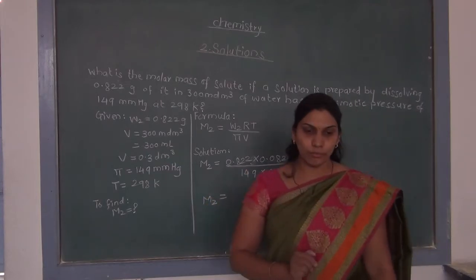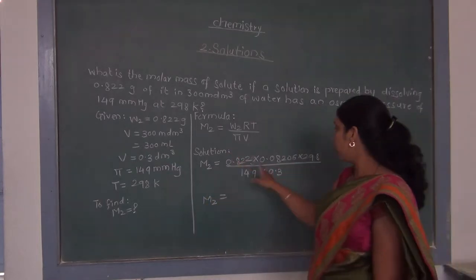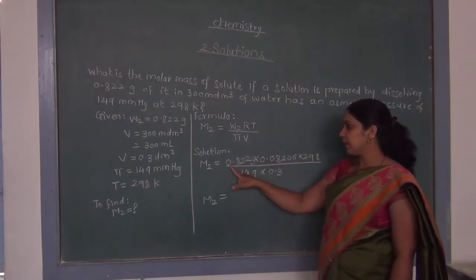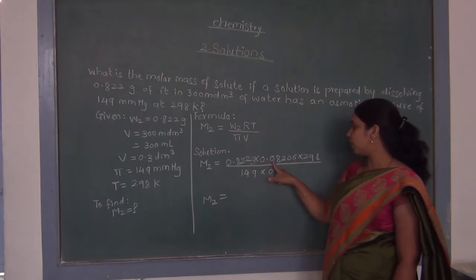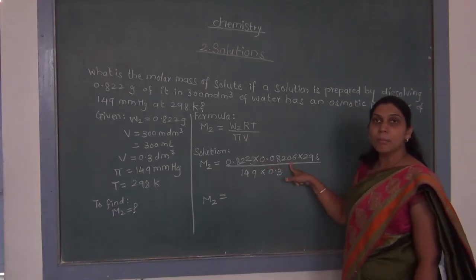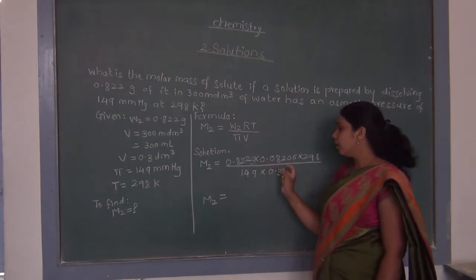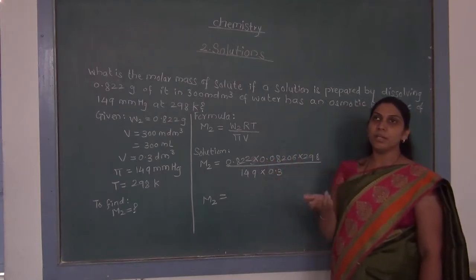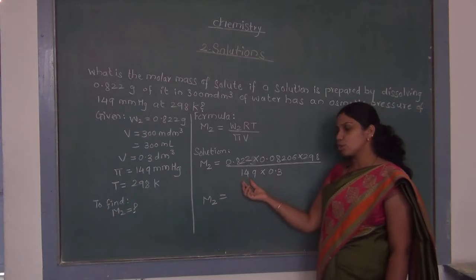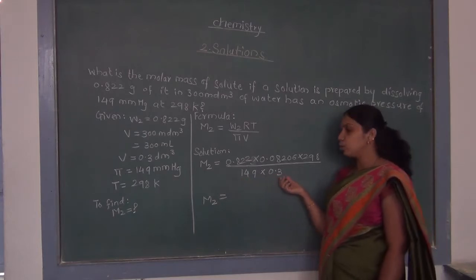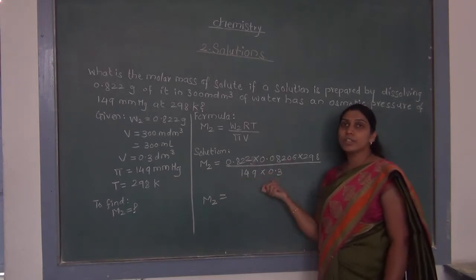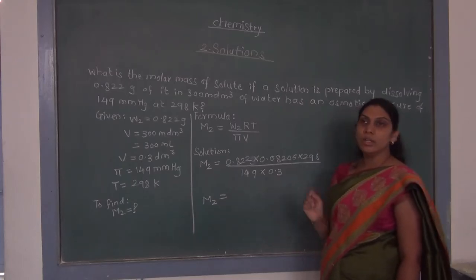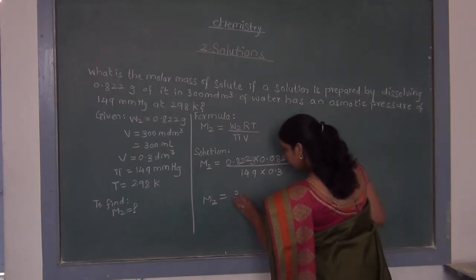If you solve this, that is multiply 0.822 by 0.08206, multiply it by 298, and the answer that comes out must be divided by the multiplication of 149 into 0.3. After you solve this, the answer that is obtained for M2 is 342.